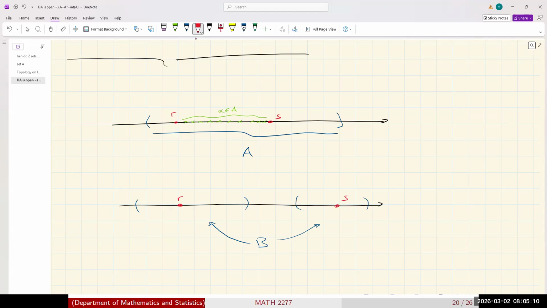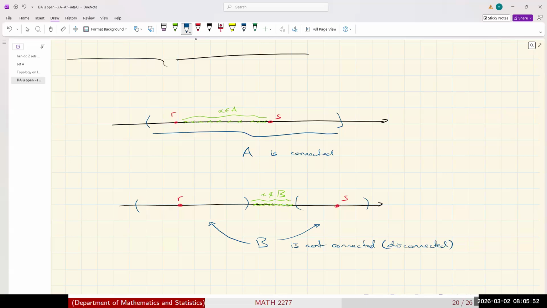Now you need to ask yourself the question, are all points between R and S belonging to B? And the answer is no. For example, all these points over here are not in B, but they are between R and S. So we could say A is connected and B is not connected. We say it is disconnected.